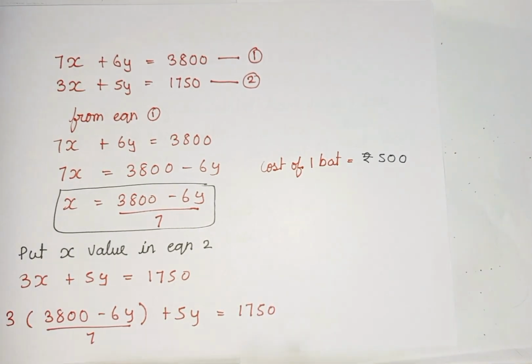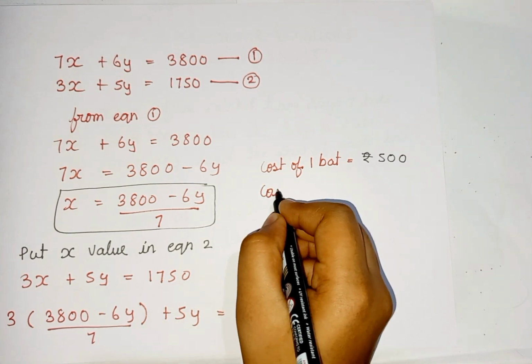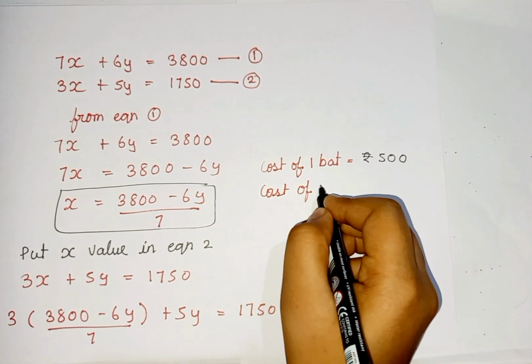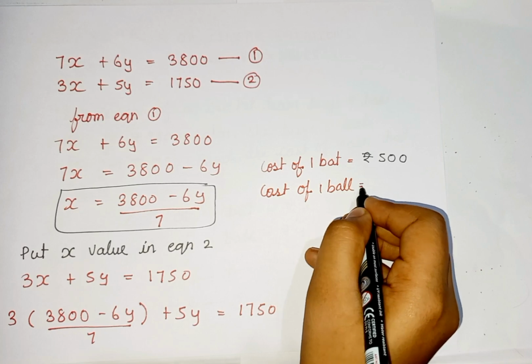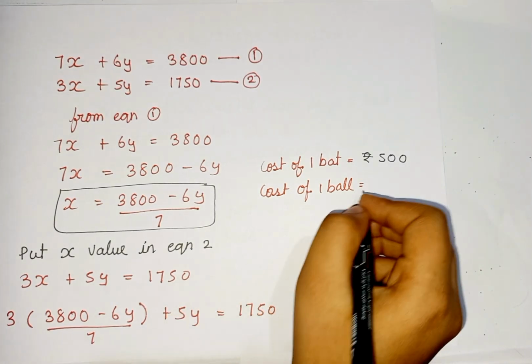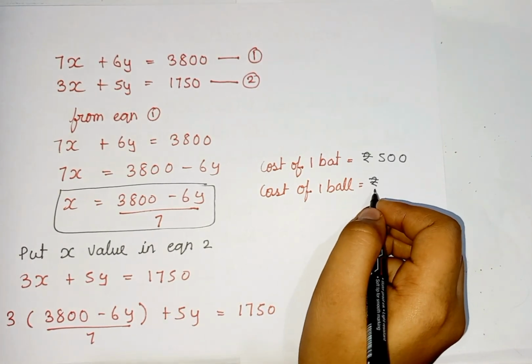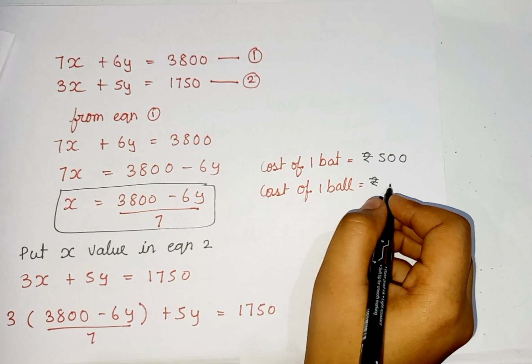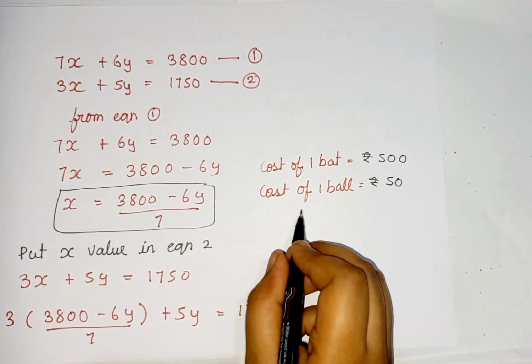The cost of 1 ball is equal to, I can say, rupees. So what is the y value? 50. Alright, so this is our answer.